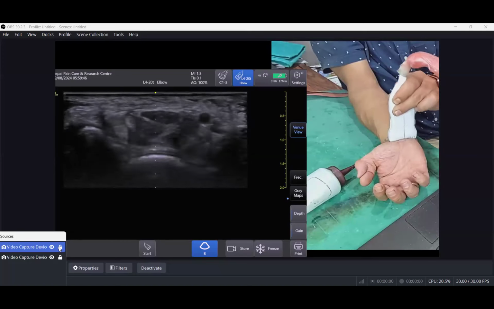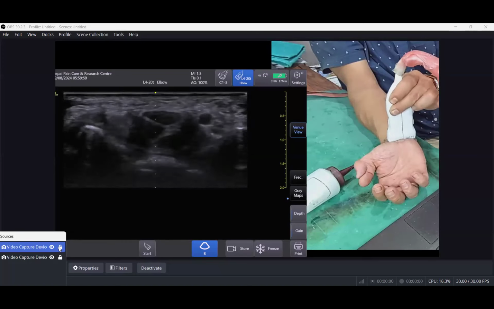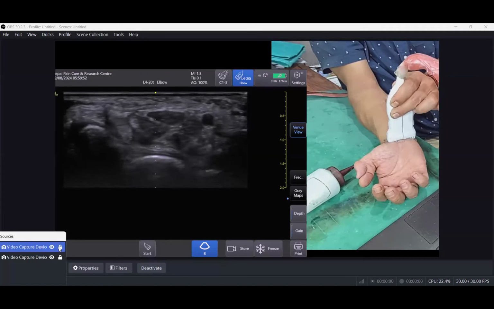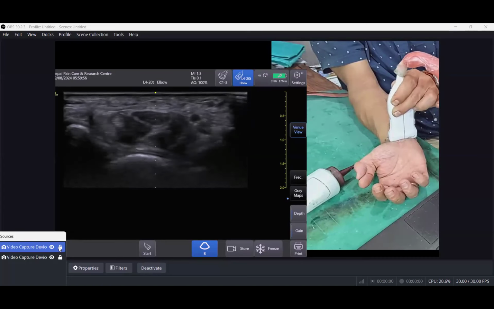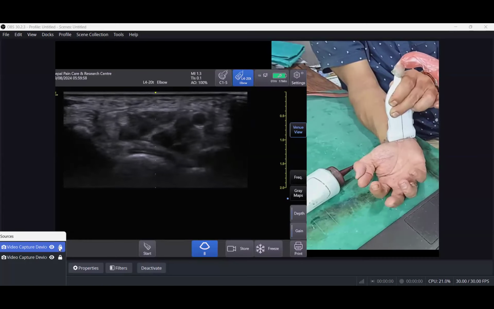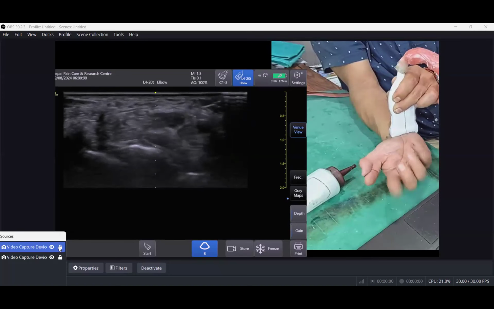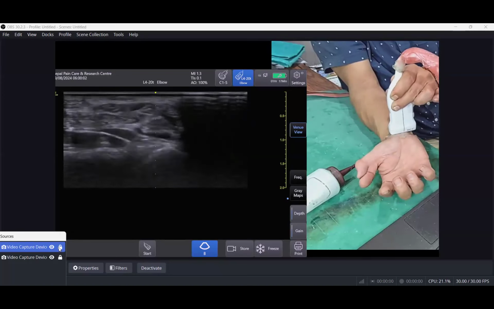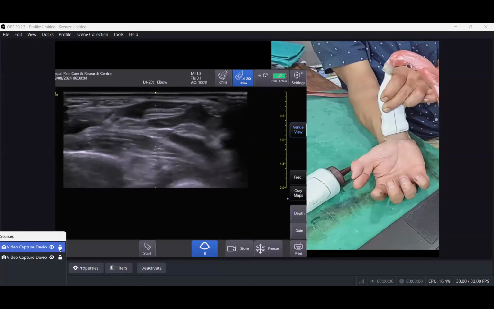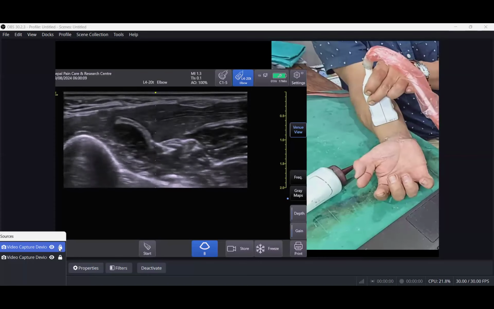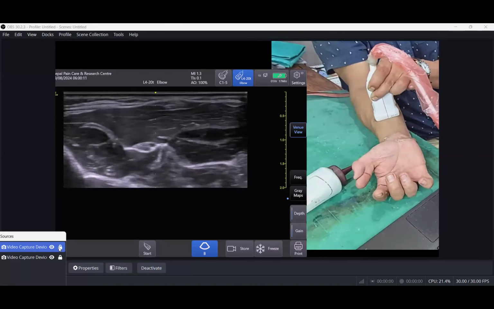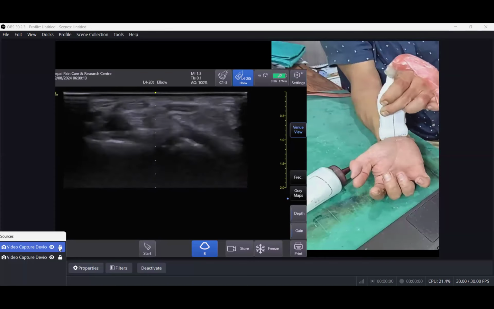The echotexture of the tendon will change, but the nerve will remain the same. This is the median nerve, and you always measure its cross section at this area, the proximal carpal tunnel. Another way is to tell the patient to move the finger, or glide the probe more proximally, where you can see the median nerve at the center of my screen between the flexor digitorum superficialis and profundus. So these are the three methods.